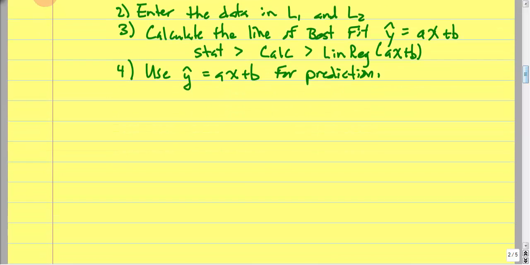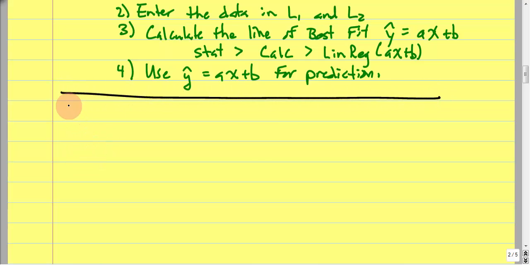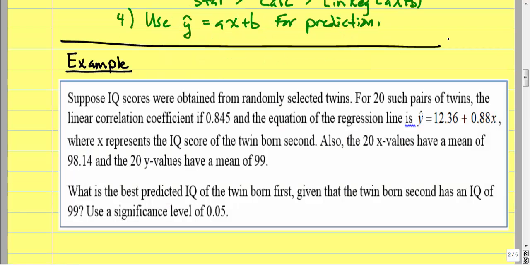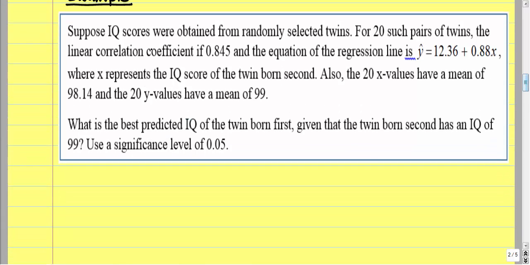So first example, what we want to do is look at some summary data that's provided to us and then run through all the different tests that we have here. For this particular example, we're looking at IQ scores. It says, suppose IQ scores were obtained from randomly selected twins. Each twin set is recorded as an X value and a Y value.